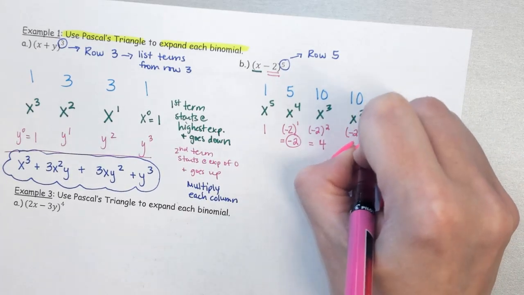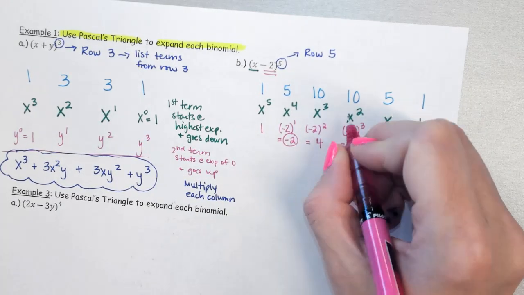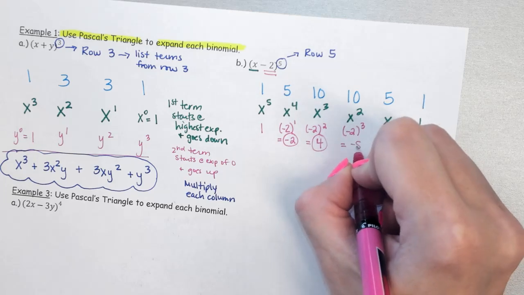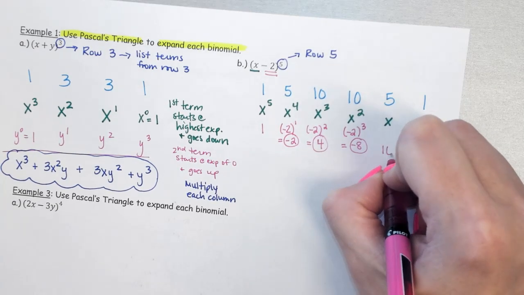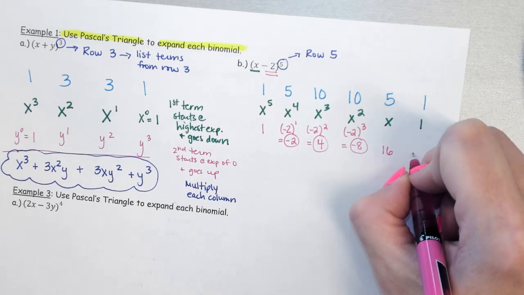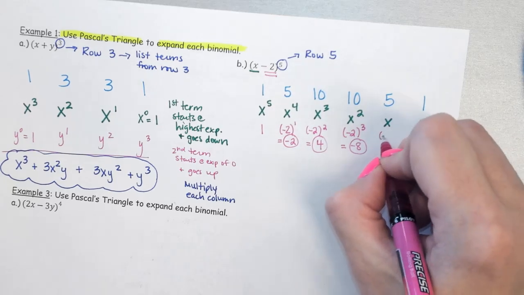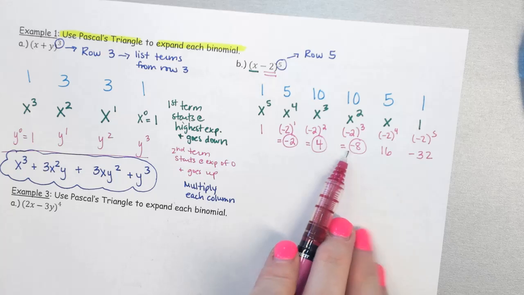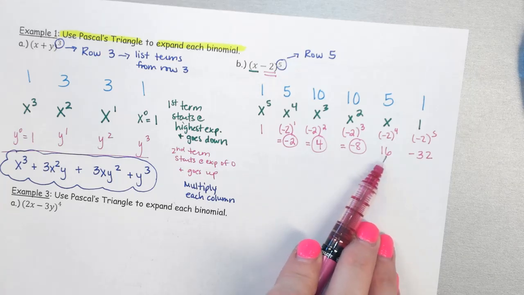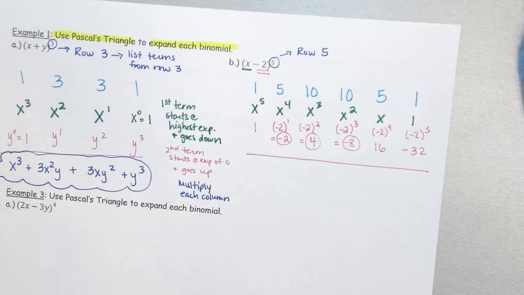What's -2 to the power of 3? -8. What's the next one? 16. What's the next one? -32. All you have to do is keep multiplying by what? -2. So -8 times -2, 16. 16 times -2, -32. Okay, and then again, we're going to go straight down.